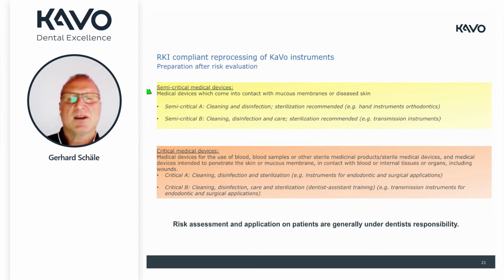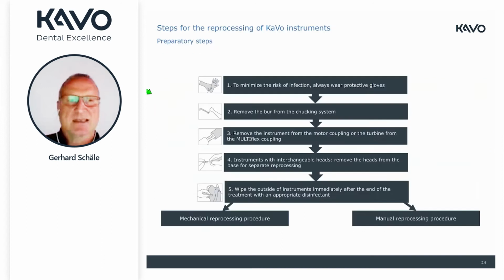And the important point is always after the thermal disinfection, before it goes into sterilization, we have to oil the instrument. But I want to show this in the next slides.